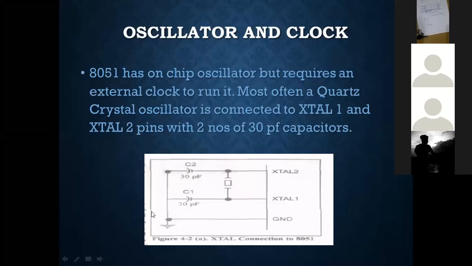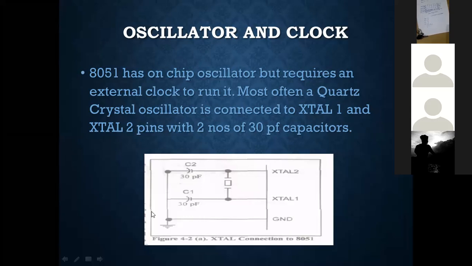Just resuming with a couple of points: by experiment, it has been found that if we use a 30 picofarad capacitor in parallel with the crystal oscillator, then the output will be mostly stable.